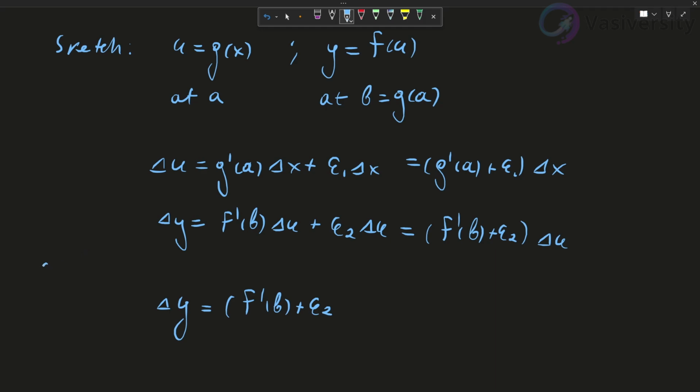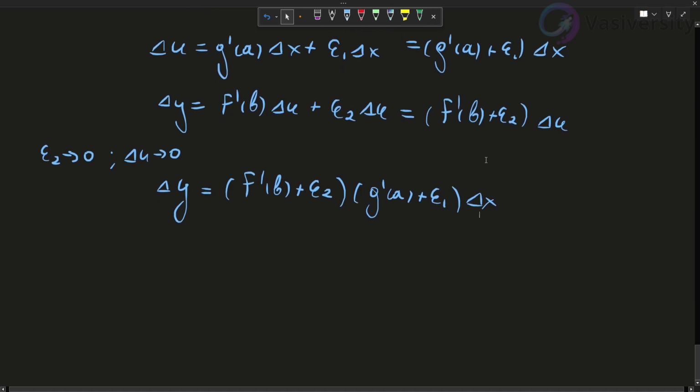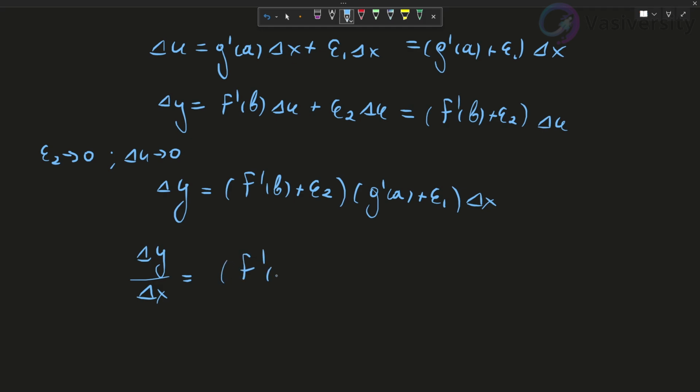Here we're going to say that epsilon goes to 0 as delta u goes to 0. So we get this times g prime of a plus epsilon 1, times delta x. If we divide both sides, we get that delta y over delta x is equal to f prime at b plus epsilon 2, times g prime of a plus epsilon 1.